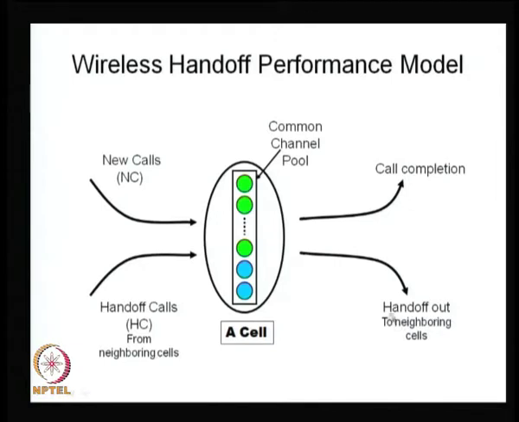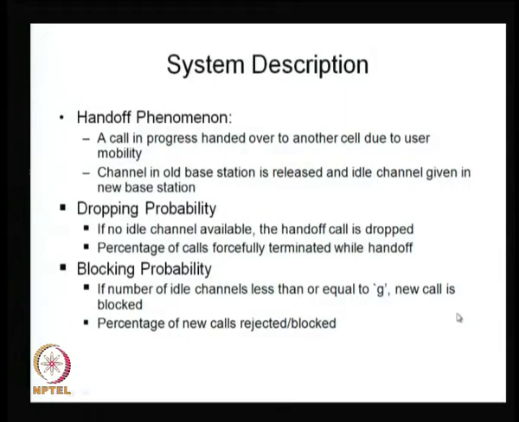In that case, it is called a handoff to neighbor cells. The way calls come from the neighbor cell into the cell, the same way we can discuss the outgoing ones. Calls can be completed within the cell itself, or keep going to the neighbor cells. That is called the handoff out calls. Now, I am going to discuss the concept of dropping and blocking probability.